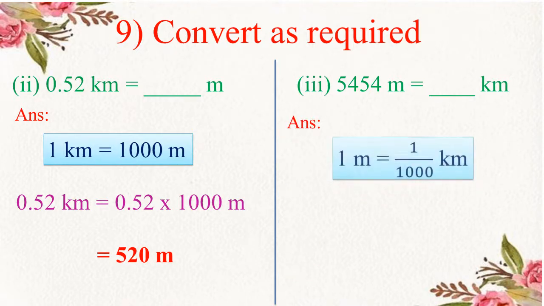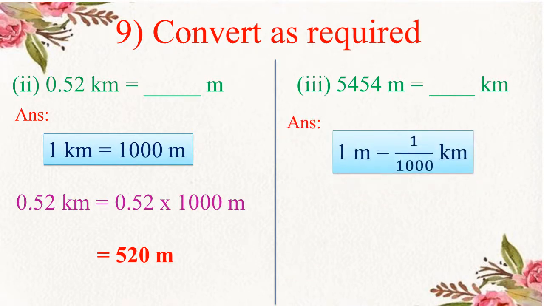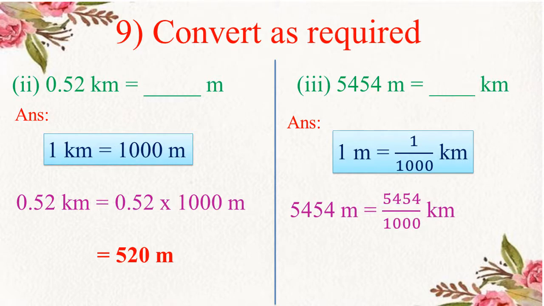So that is 1 meter equal to 1 by 1000 kilometer. Similarly, 5454 meter equal to 5454 divided by 1000, we get 5.454 kilometer.